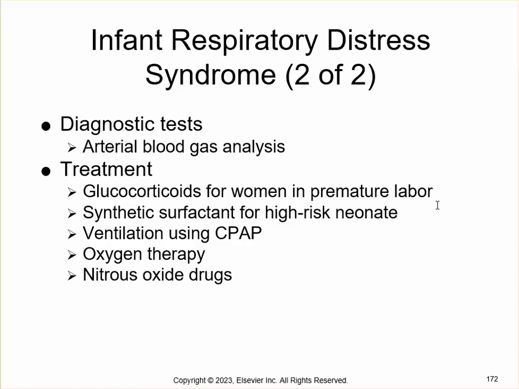This is one of the reasons why, to prevent infant respiratory distress syndrome, that neonates, preemie neonates, are just automatically put in an incubator and has surfactant introduced until we're certain that the baby is breathing well on its own.